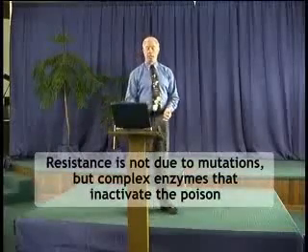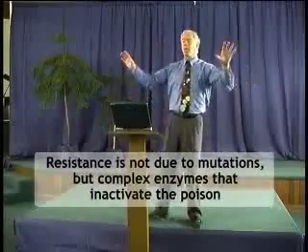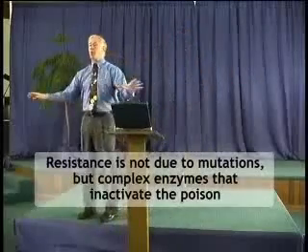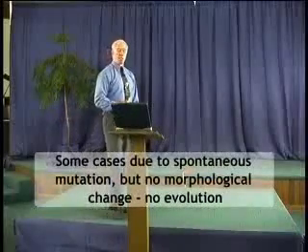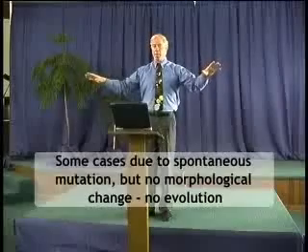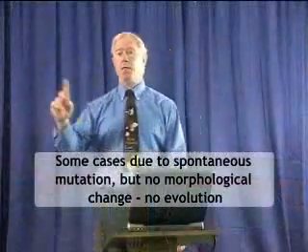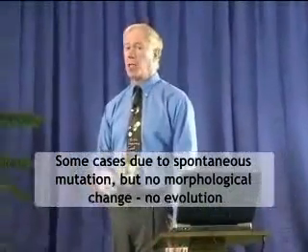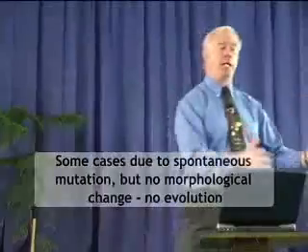Most resistance is due to complex enzymes that inactivate the poison. It's really mostly done at the enzyme level, not at the mutation level. Now, there are some observed cases of spontaneous mutations which help cause this resistance. But in no case did it really add any new information, nor did it code for any morphological change. So, no evolution there. We're being taught wrong information again.